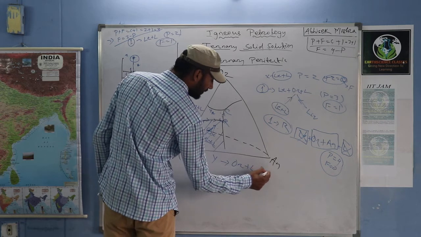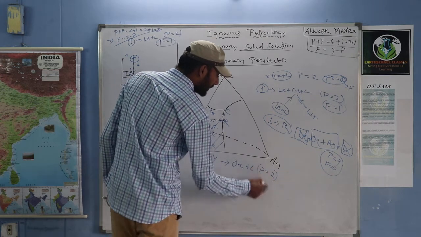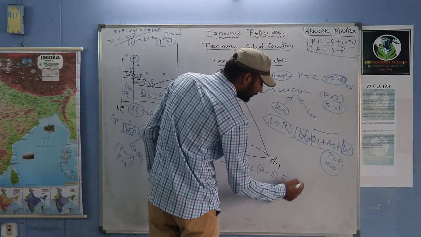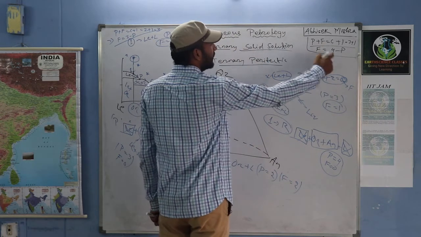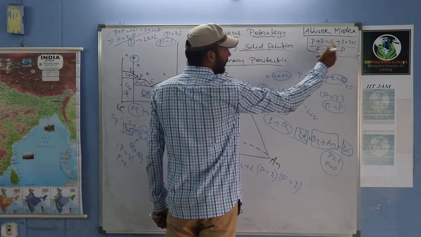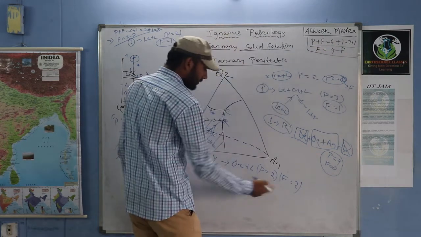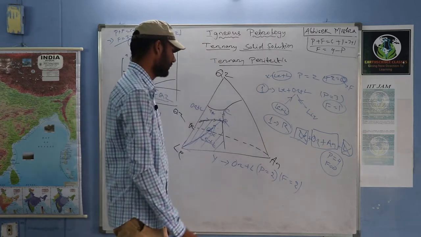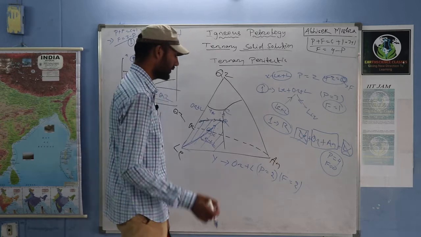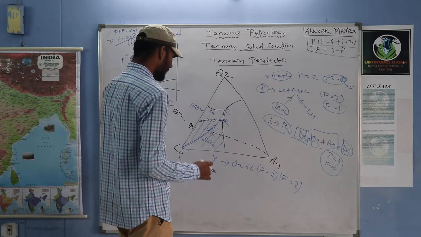So the number of phases becomes 2. When the number of phases becomes 2, the degree of freedom becomes 2. In the case of a ternary, it is 4 minus P, because the components are 3, 3 plus 1 equals 4 minus P. So the degree of freedom becomes 2. When the degree of freedom becomes 2, what to do? You have to join the vertex.